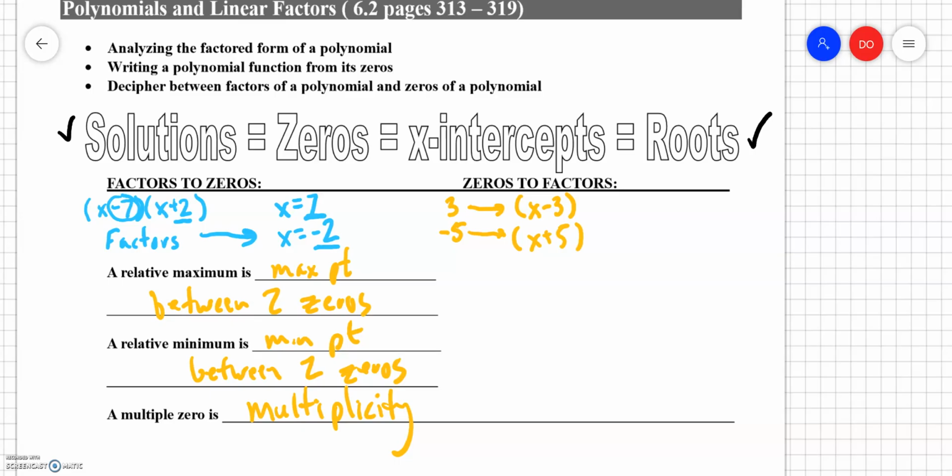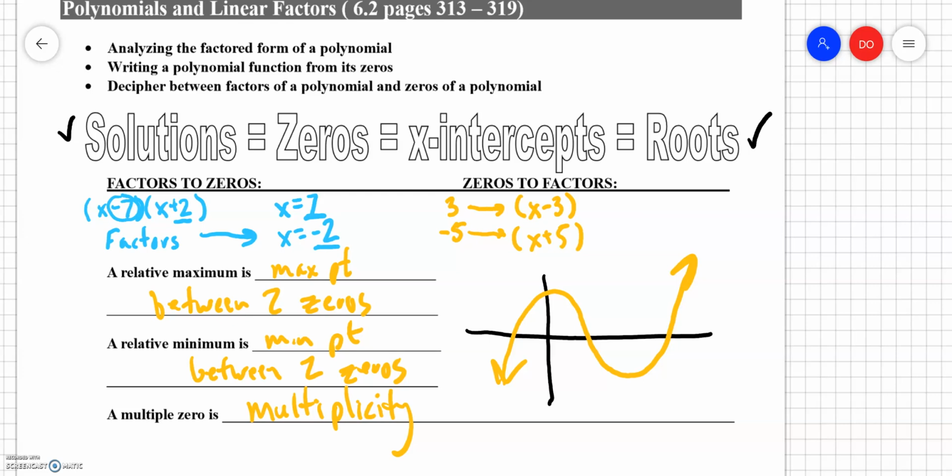So here's what all of these look like on a graph. Let's say I'm graphing a cubic function, so it looks something like this. It would actually start out looking like a parabola, and then it would turn twice. So here are my zeros. Here's one solution. Here's another solution. Here's another solution.